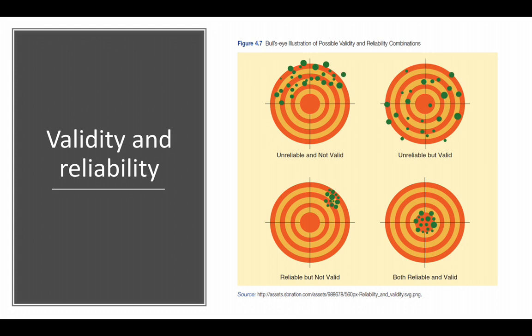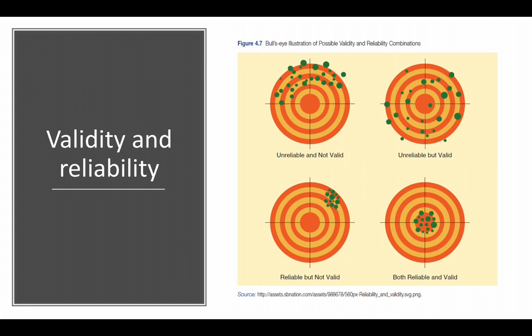Now, we of course want to hit the target multiple times, right? So validity basically means if you ask different people to do it, they are going to come up with the same or similar results, right? So this means they are around the center, all right.